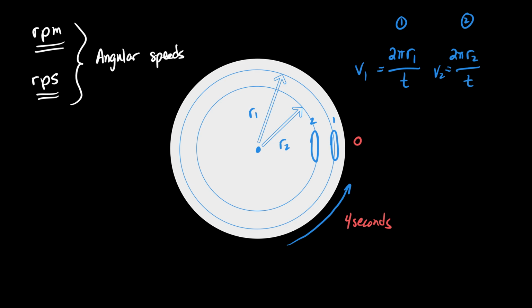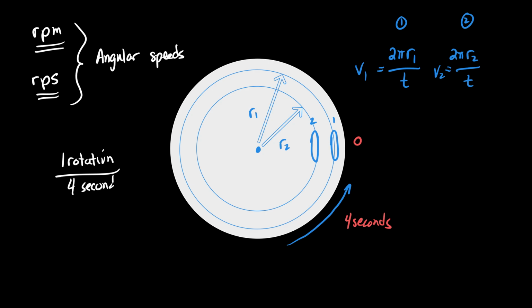So we could talk about the angular speed of the carousel. Now here's the big thing that you guys need to kind of get into your head. The carousel has only one angular speed. The whole thing is rotating once every 4 seconds. In fact, its angular speed is 1 rotation every 4 seconds.